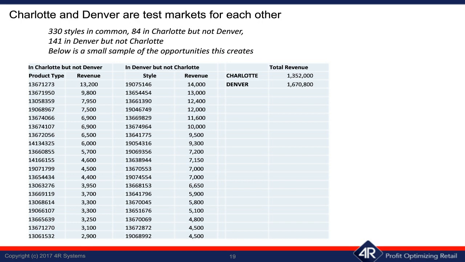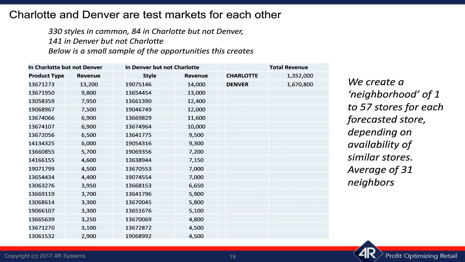So we look across the 2 different stores and we create, in essence, a neighborhood that provides a technique that you could look at those 2 stores and look at what products one carries that the other does not, and what is the revenue associated with each one, so that you can expand on what types of products somebody might buy, even though they're not in a particular store.